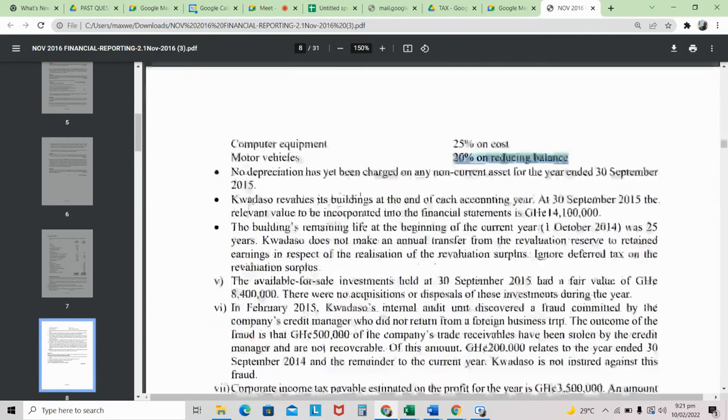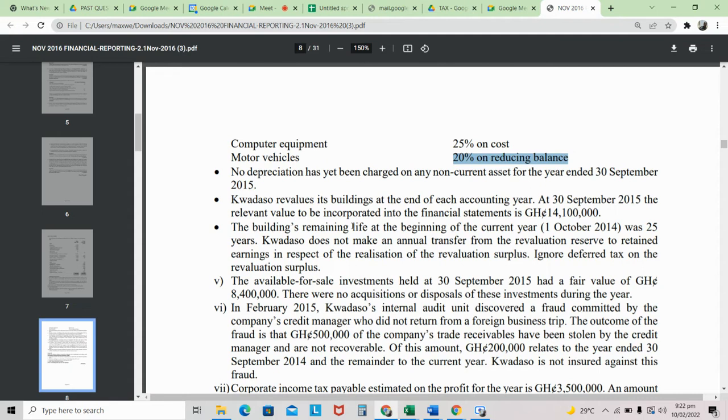Kwadaso revalues its buildings at the end of each accounting year. At 30th September 2015, the relevant value to be incorporated in the financial statement is 14,100,000.